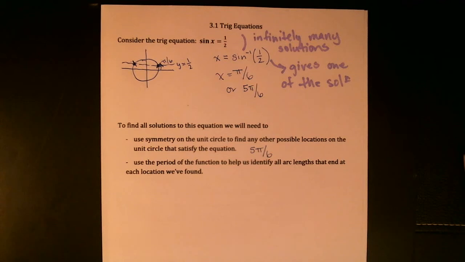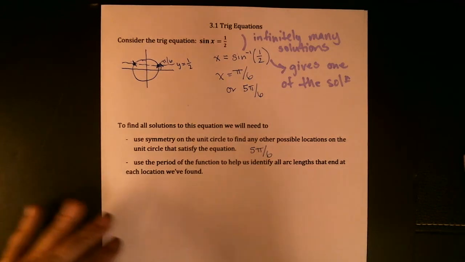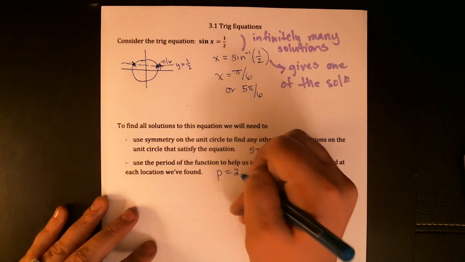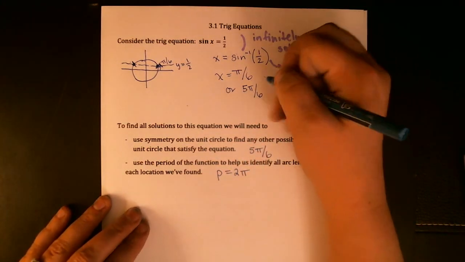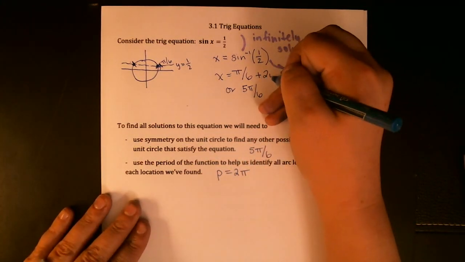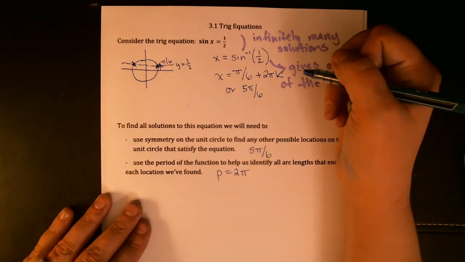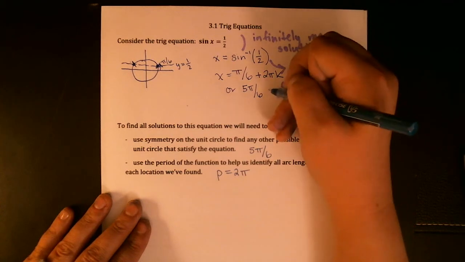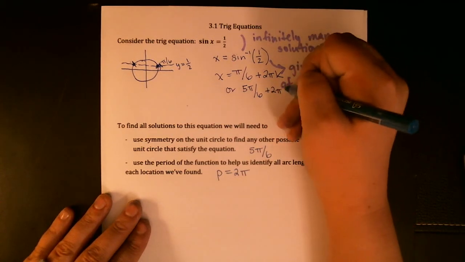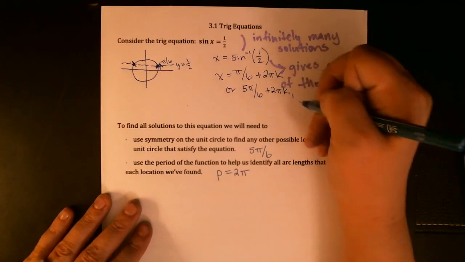And then we need to identify the period of the trig function that we're working with. In this case, we're working with sine of x, which has the standard period, 2 pi. So basically, what we want to say here is that pi over 6 is a solution, and anything that's one full lap around the circle from there is going to be another good solution. And the same is true for 5 pi over 6.